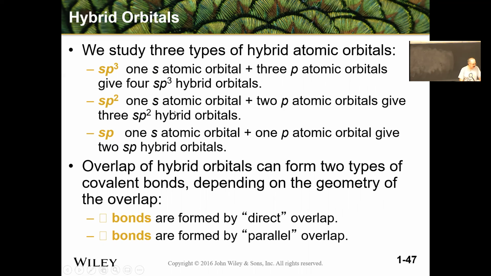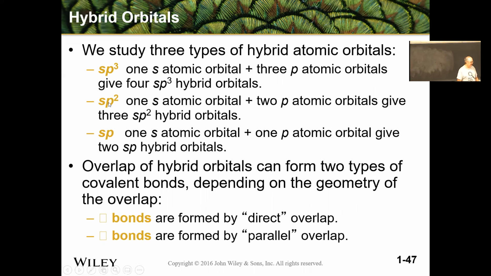sp2 would be in a trigonal planar arrangement. sp3 would be in a tetrahedral. This results from combining one s orbital with three p atomic orbitals. When we do that, we're going to take various linear combinations, and we end up with four sp3 hybrids.